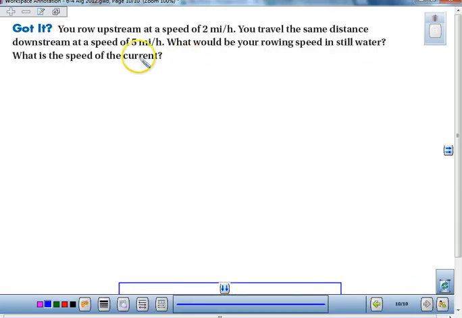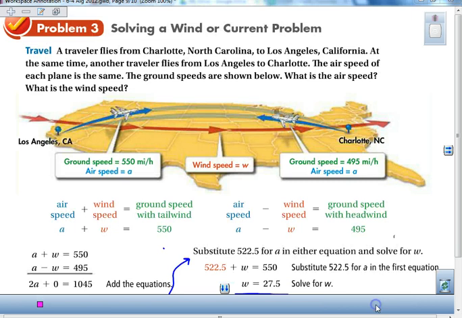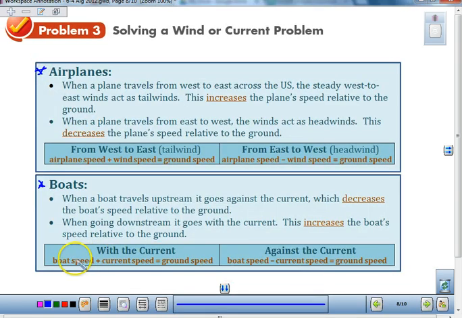It is now your turn. Here, you're going to row about 2 miles per hour upstream. You travel the same distance downstream with a speed of 5 miles an hour. So again, think about, you're looking at the boat. If you look at those equations, you want to think of boat speed plus current equals ground speed.